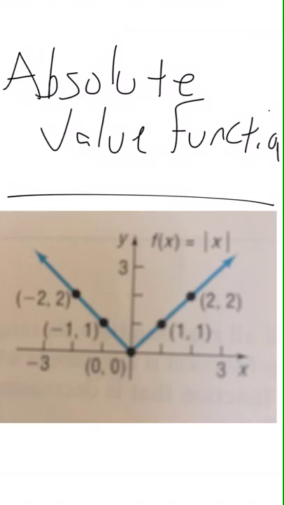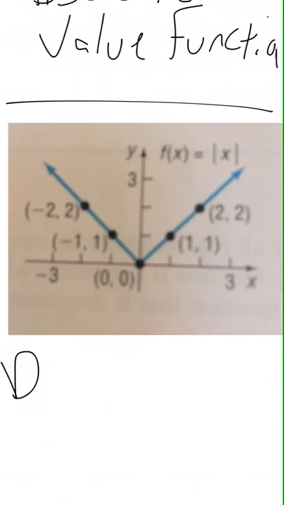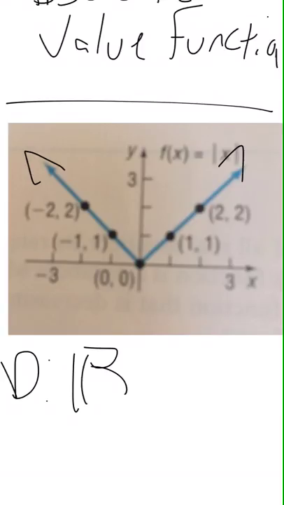Alright, the next function we're going to talk about is what we call the absolute value function. The parent absolute value function is just f of x equal to the absolute value of x, with x inside two vertical bars, and the graph looks like a V shape. Now the domain of the absolute value function, since it keeps going off to both the left and right, would be all real numbers.